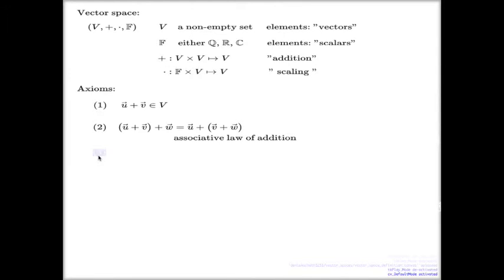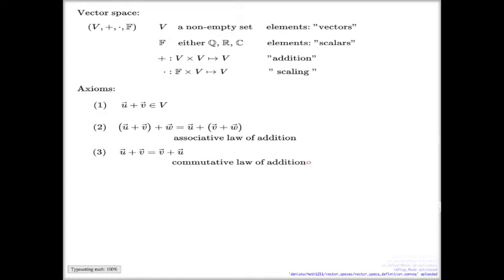The third one says that when you add things, you can add in any order. That's the one which we call the commutative law of addition. So if you're testing a particular set to be a vector space, this one must be checked as well.